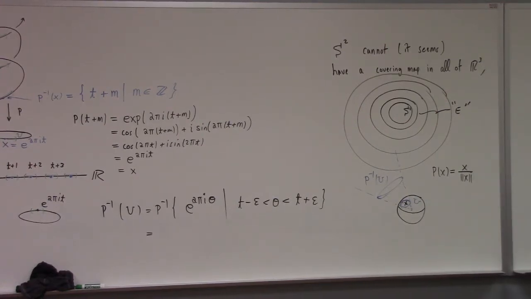So each slice is like the intersection of some sphere with the cone. I think it's still homeomorphic to the open set U on the sphere, but those slices are not open in topology. So I think that's what the problem is.